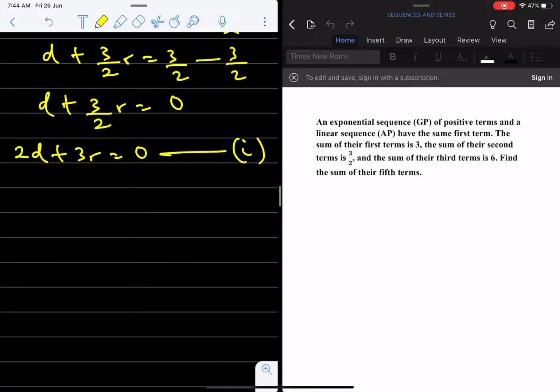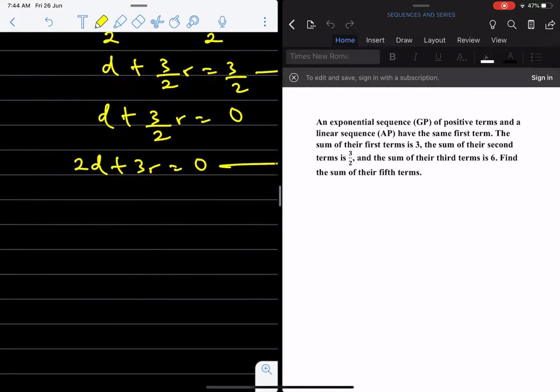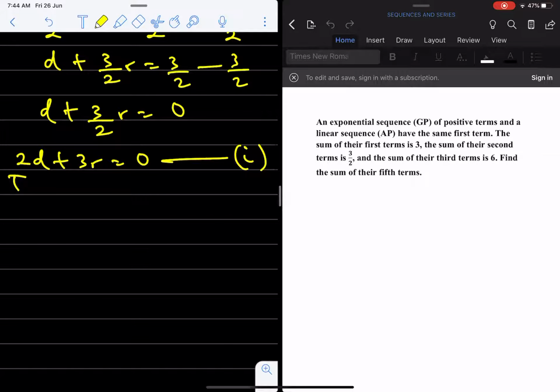The question says the sum of their third terms is 6. That means T3 of the AP plus T3 of the GP is equal to 6.